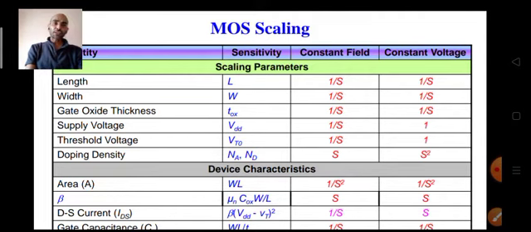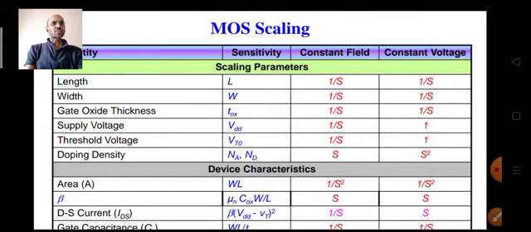You can refer to the details in the book, but writing everything in a single table gives you better visibility of how things are changing. Some of the parameters are difficult to understand, so we will see how they change later, in the next few slides.